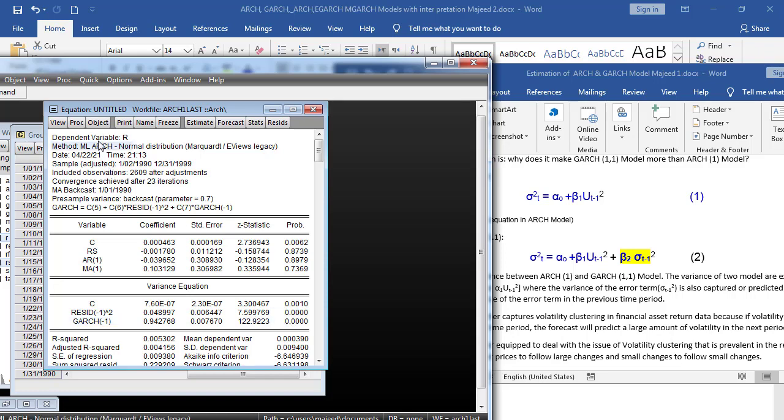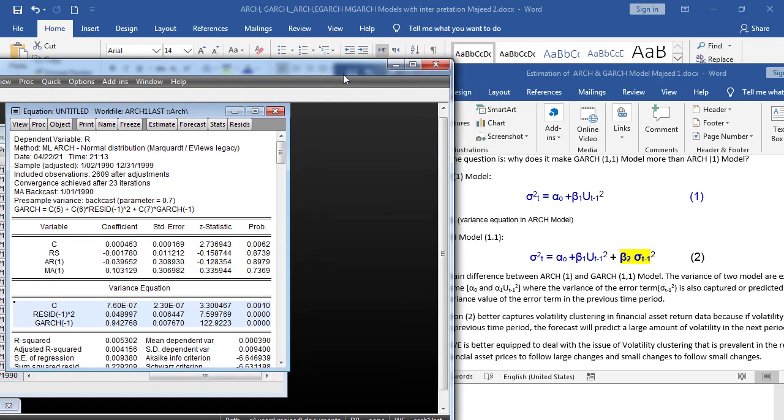The dependent variable is return, R. The probability is greater than 5% in the mean equation, but we are not going to delete any of these variables, mainly because we are concentrating on the variance equation.